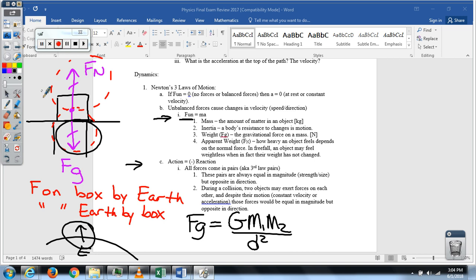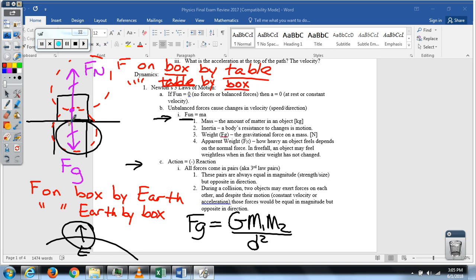But there's this normal force as well. That's the force on the box by the table. But Newton says that there is another force, that is the table pushing back on the box, or the box pushing on the table.